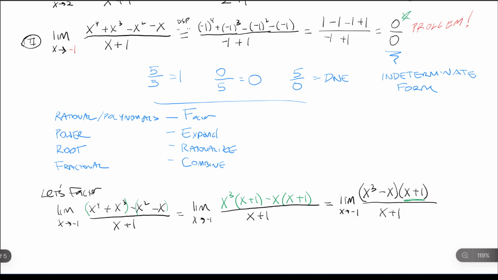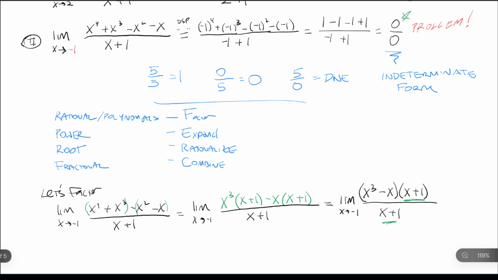And the only way that can happen for a polynomial is if it has a factor of x plus 1, okay? Right, and so the numerator has a factor of x plus 1, but guess what? So is the denominator. When we factor, we are exposed to the algebra we need to be able to proceed.